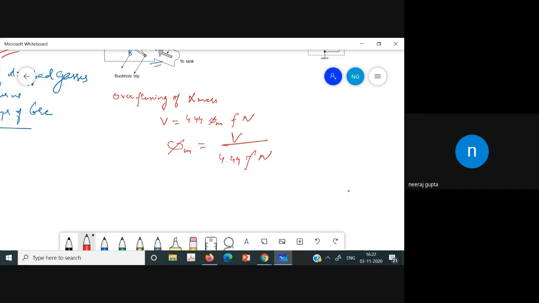Whenever there is an over voltage and the frequency remains constant, the core is subjected to a high value of flux, as you have seen from this equation, to support the higher applied voltage.